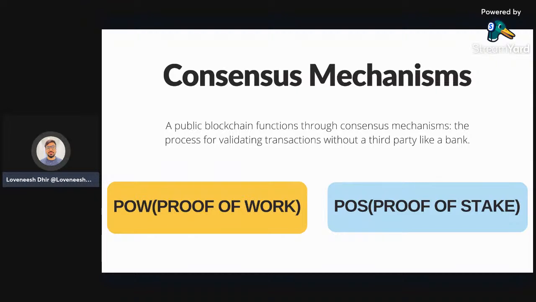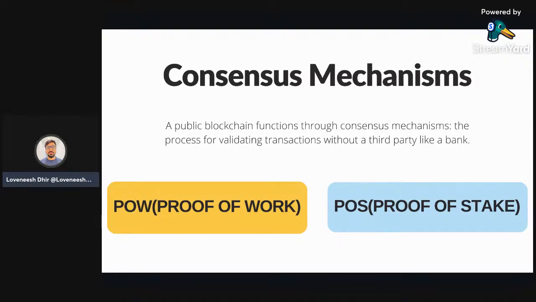Proof of stake, or POS, still uses cryptographic algorithms for validation. But here, the transactions get validated by a chosen validator. A validator is chosen on the basis of how many coins they hold, and it is also called their stake.